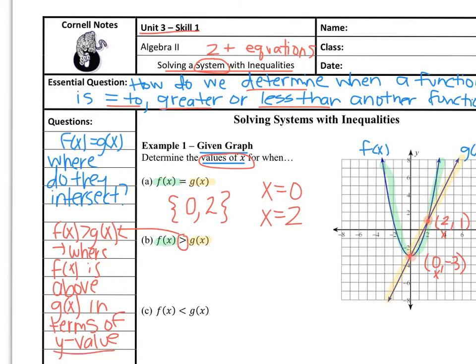We want to look at our graph and see where the green is above the yellow. In other terms, we want green above yellow.